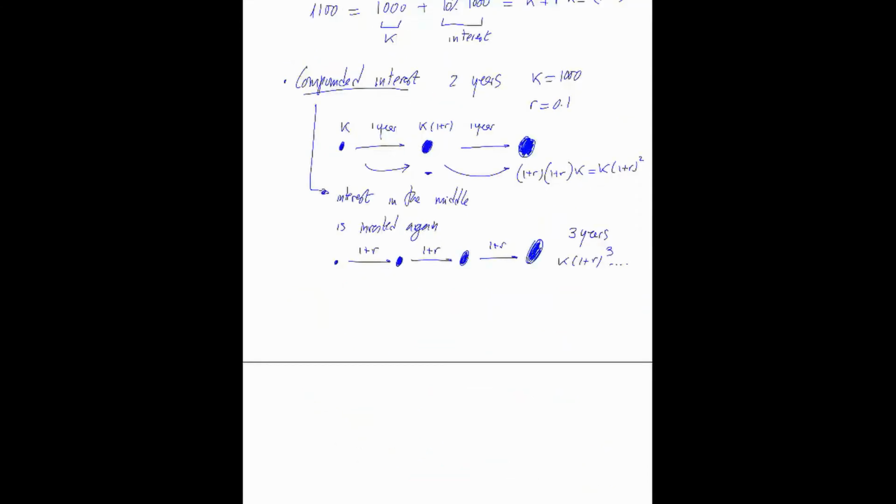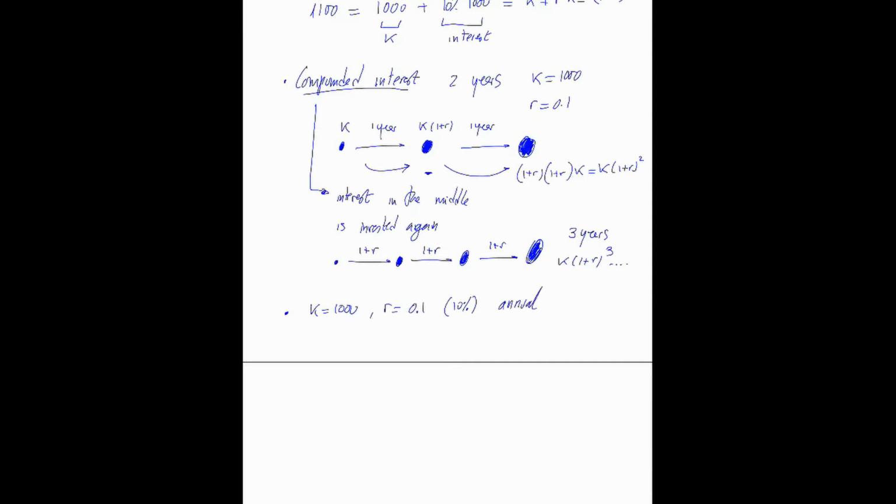Can we repeat this process more frequently? What happens? Let's go back to the original idea of K equals 1,000 with an interest rate of 10%, and as I said, the rates are paid annually.